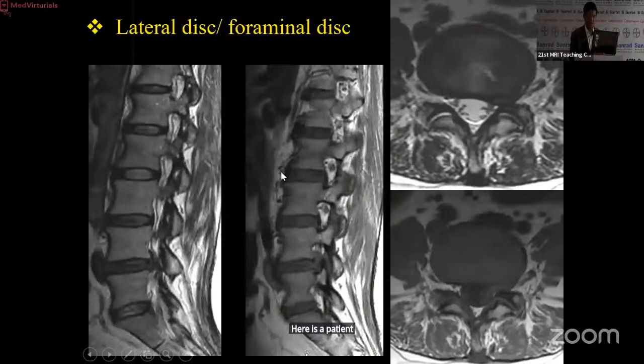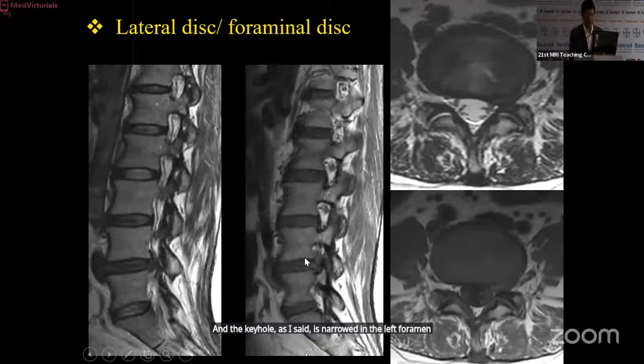Here is a patient with lateral or foraminal disc herniation. If you look at these keyholes, which you normally see, the keyhole at the L4-5 level is obliterated by this disc herniation, which is in the foramen. Again, the keyhole, as I said, is narrowed in the left foramen.